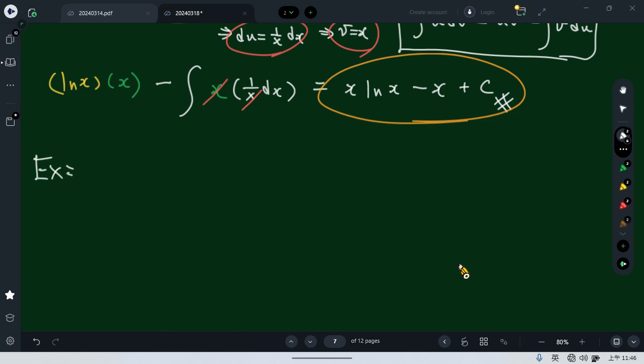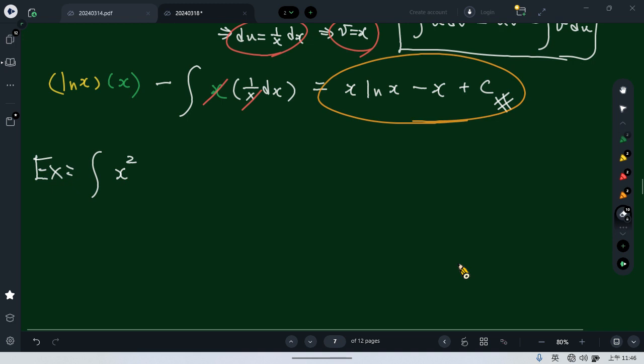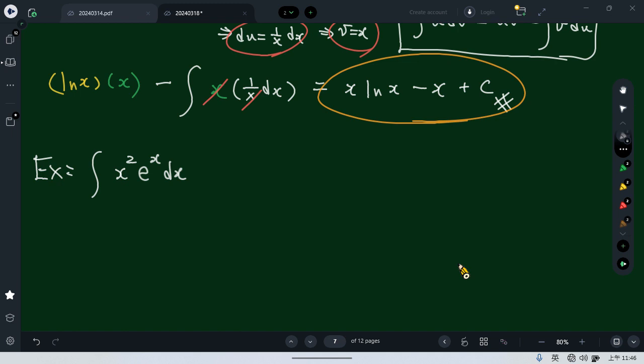So the third one is this one. This is also a very important one, so I need to show you that you will face this problem. Please remember the statement of the problem will not always use u and then dv.